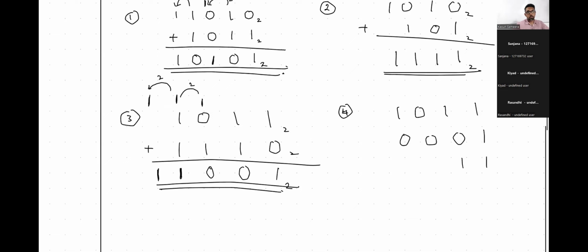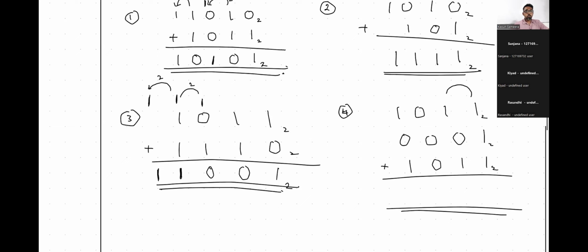This time 3 binary numbers. Once you've got the concept, it doesn't matter how many numbers you have or how big the numbers are. You will get the answer. Right, there are 3 ones. Then the number of ones that we can take to the next position is always 2, can be 2, 4, like that.